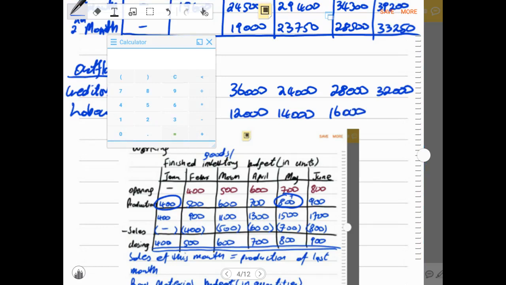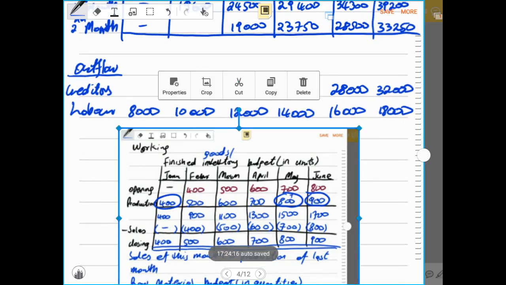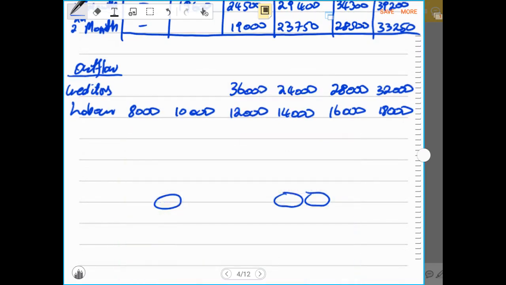Then we have 900 by 20, and this will give us 18,000. So the labor payment is completely recorded, and we have done everything with regard to labor.